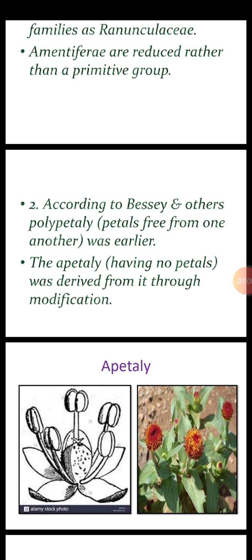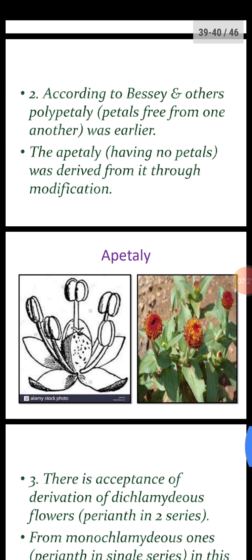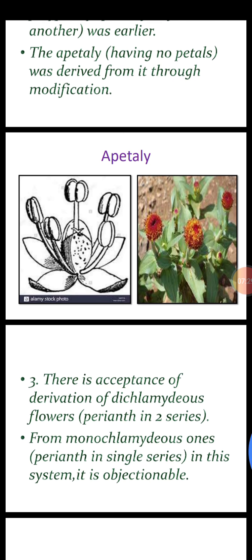According to Bessey and other taxonomists, polypetaly, in which petals are free from each other, was earlier. Apetaly: a means not. Apetaly means having no petals. It was derived from it through modification. Pictures of the condition apetaly, that is, having no petals.